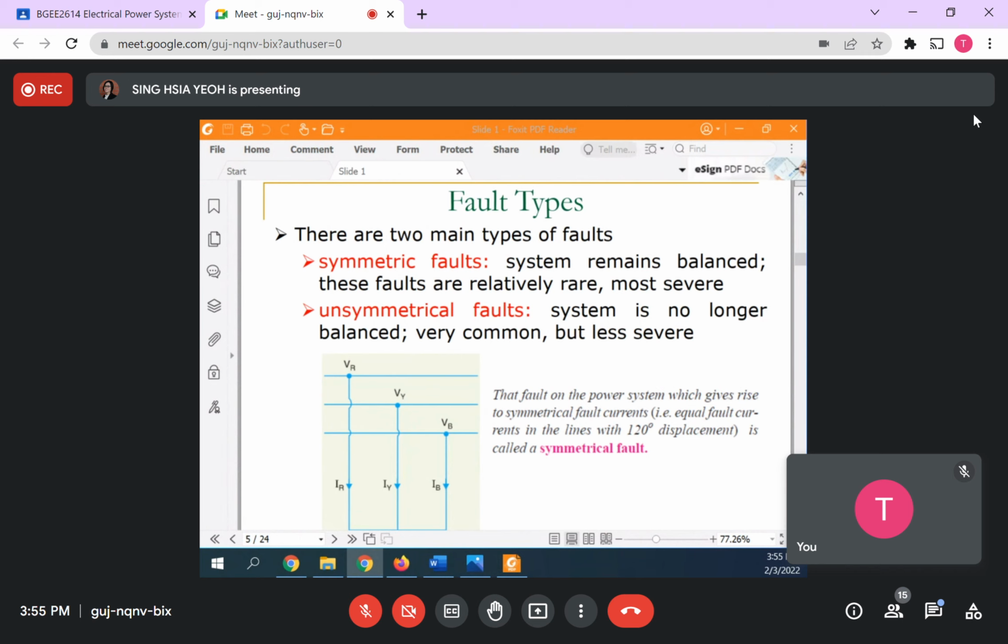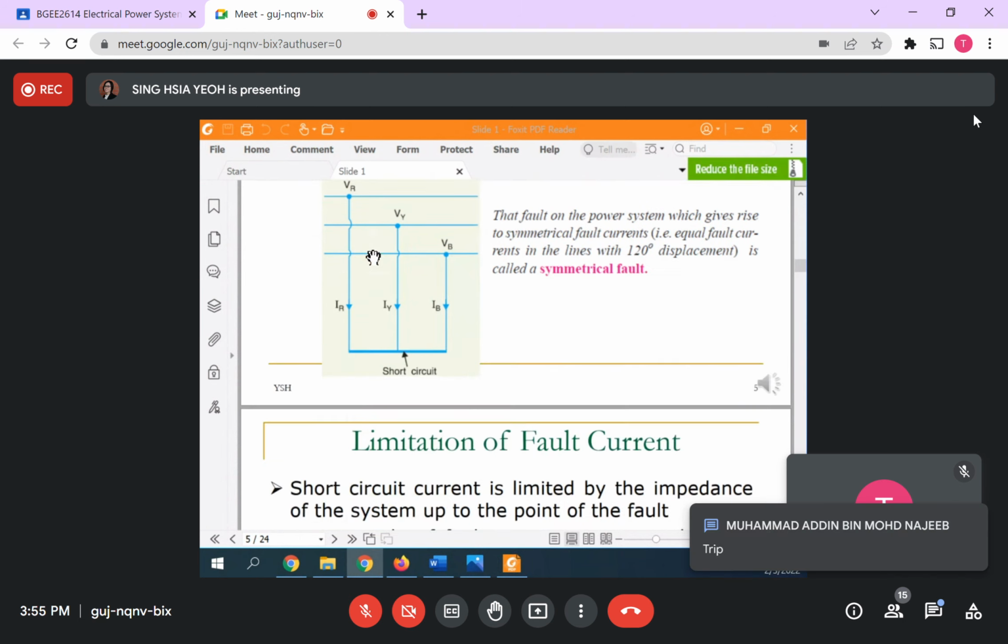Yes, because symmetrical is more severe. Although it's very rare, if you consider the serious case, you can protect for the serious case. Of course, the not so serious case will be under protection as well. So they do the protection design only for symmetrical faults. This is why industry people only consider symmetrical fault.